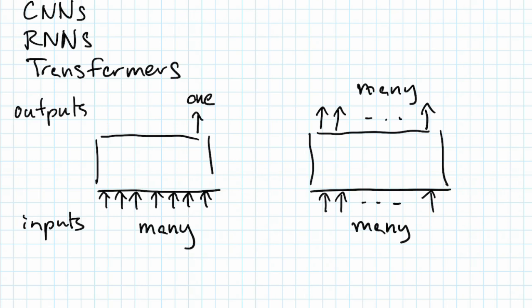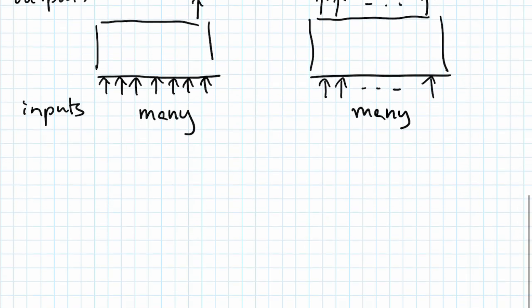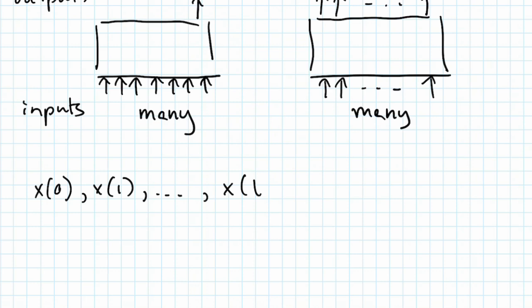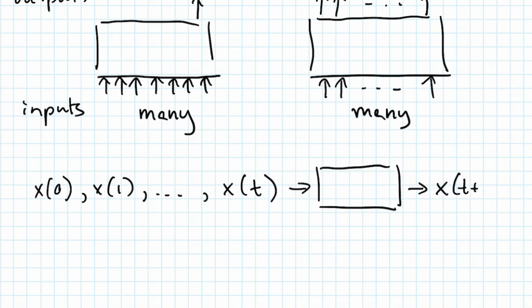Okay, and so we know that in terms of the theory, what we would like to do is take some string of letters, so that's x0, x1, up to x of, let's say, t, and we would like to predict x of t plus 1.